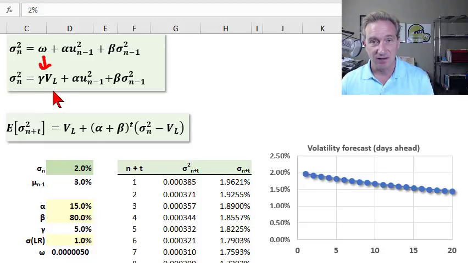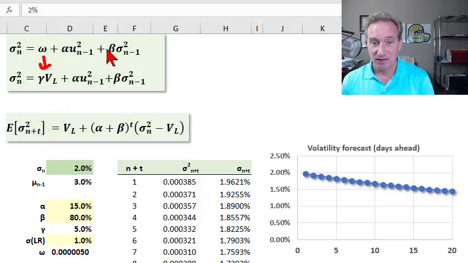We could also call it the unconditional variance. So of course, this is the level to which we expect the variance to mean revert toward. And then the gamma makes explicit how much weight is assigned to this reversion level.